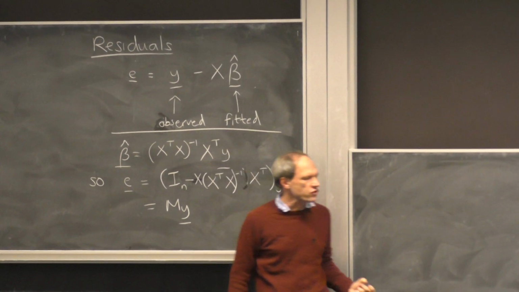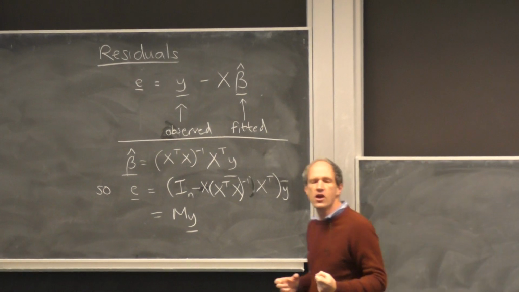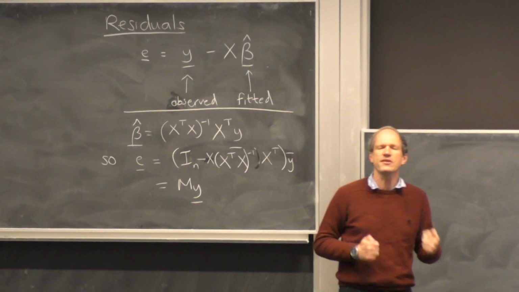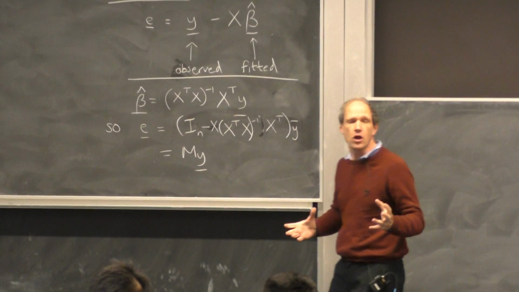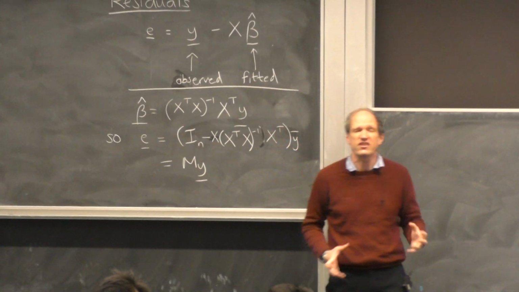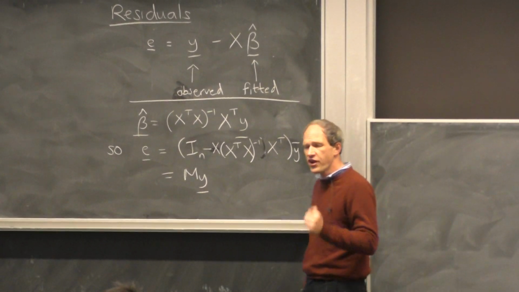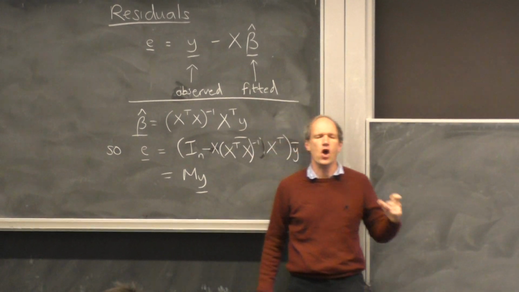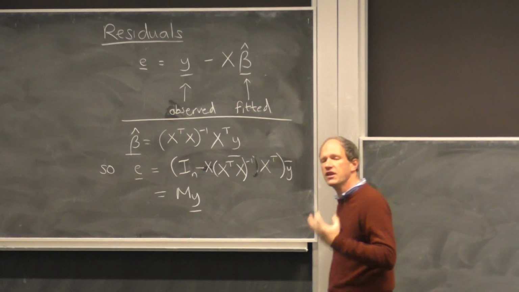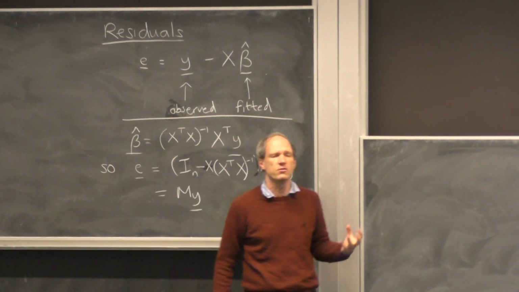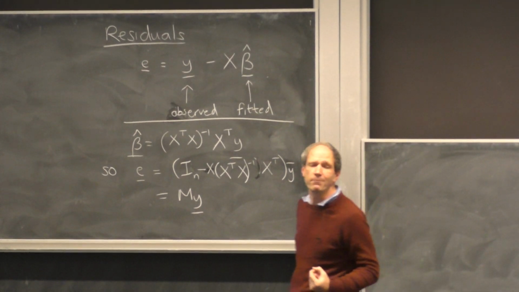The other thing is its rank. Remember that the rank of a matrix you can think of as the number of linearly independent rows of the matrix, or indeed the number of linearly independent columns, they're the same. The trace of a matrix is the sum of the elements going down the diagonal of the matrix. Now it's a theorem of linear algebra that if you have an idempotent matrix, the rank and the trace are the same number.